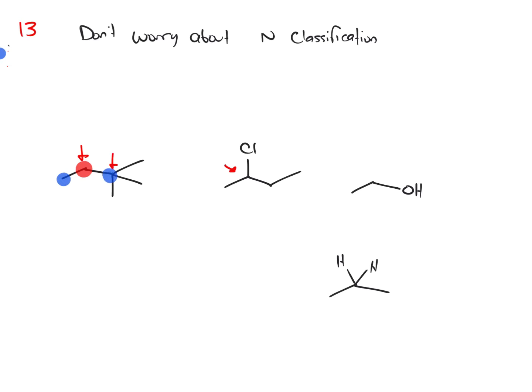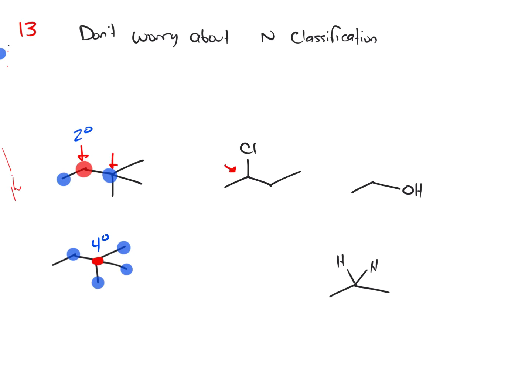Attached to it are 2 other carbons, so that's secondary. Okay, if you want to look at this one, look at how many carbons are attached to it. There's 4 carbons directly attached. That's quaternary or 4°.